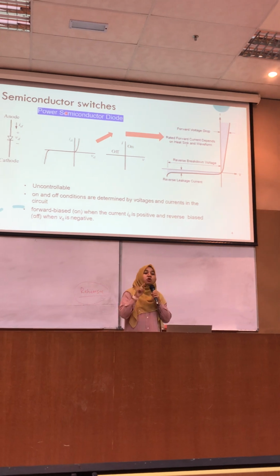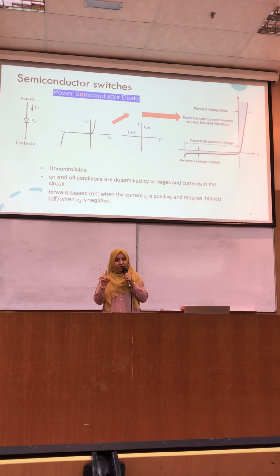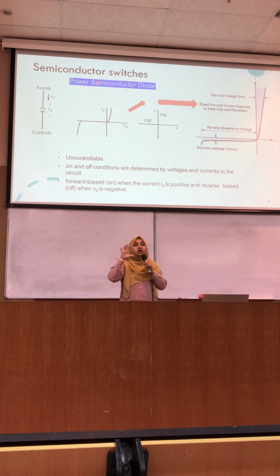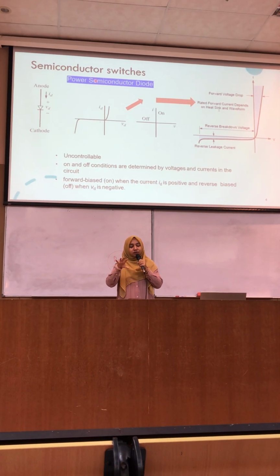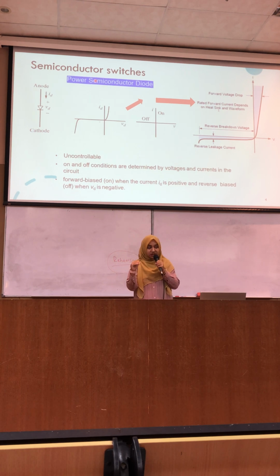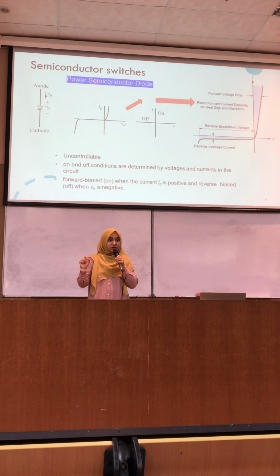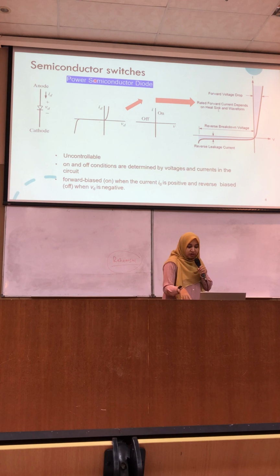It only allows current to flow in one direction. So there will be an output during the positive region. When your circuit goes to the negative region, your diode will block the current from entering the negative region. So during the negative region, the output will be equal to 0. Alright, so this is for diode.